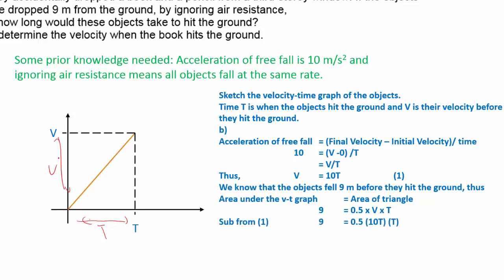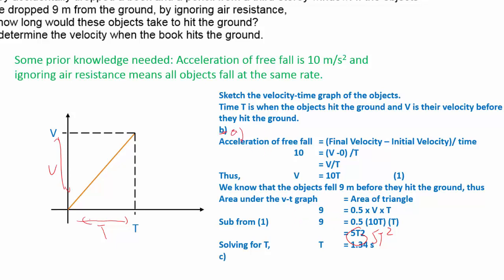And of course, from equation 1 we can substitute in v equals 10t, and this is of course 5t squared. By solving for t, you get 1.34 seconds. So this is the answer for part A.